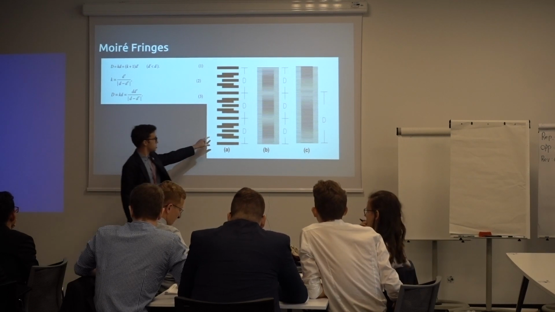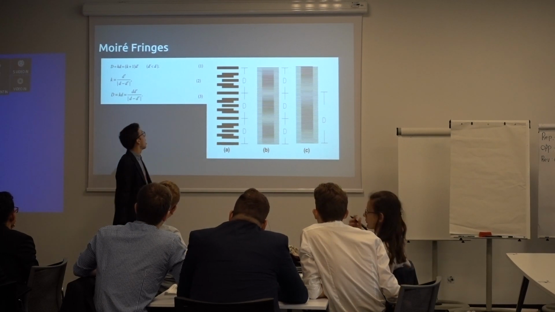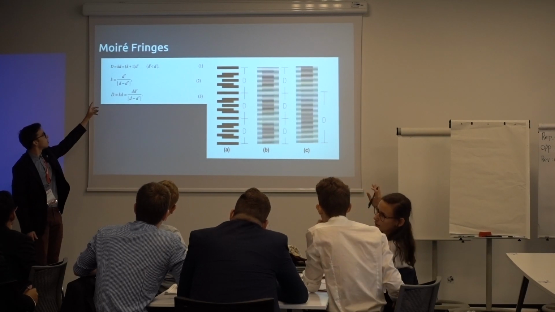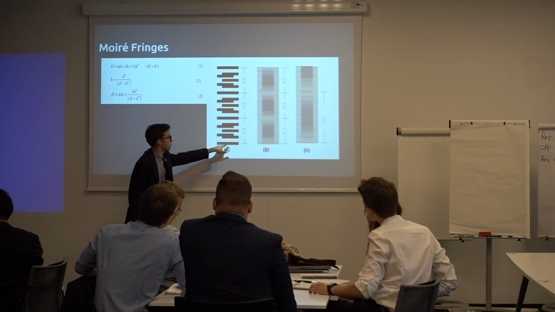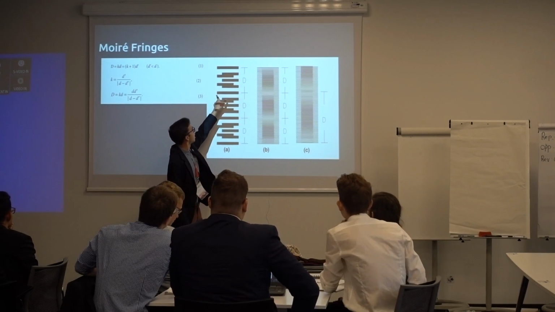Given that this distance is D1 and this distance is D2, we came up with this formula, which tells that the patterns do not meet for the first time here, they have met also here and here.